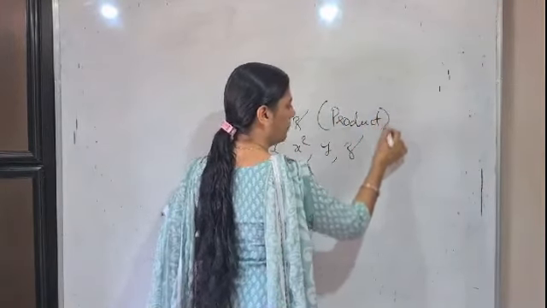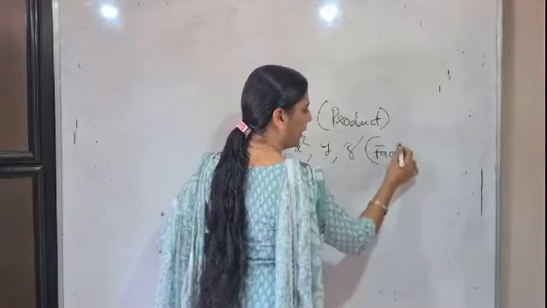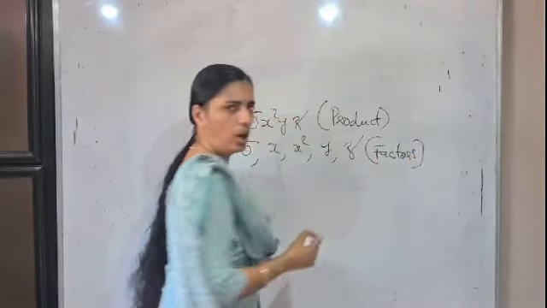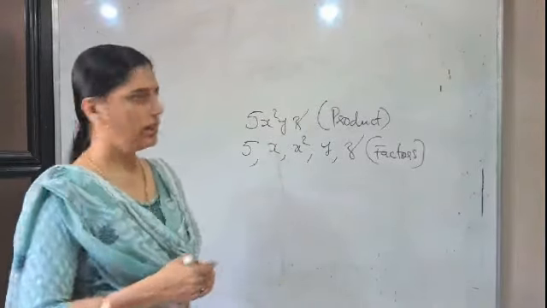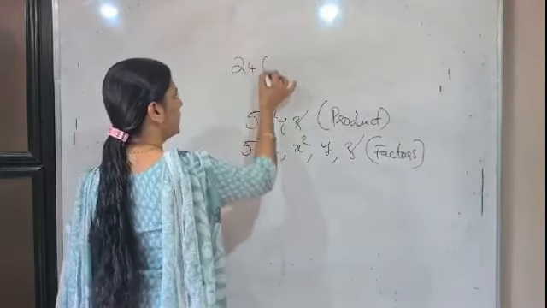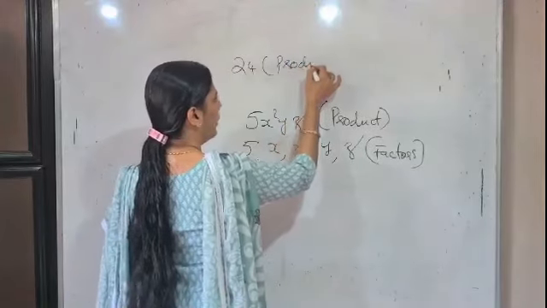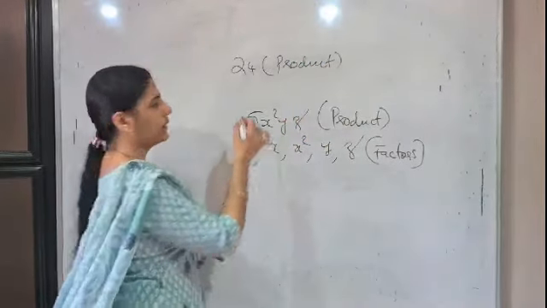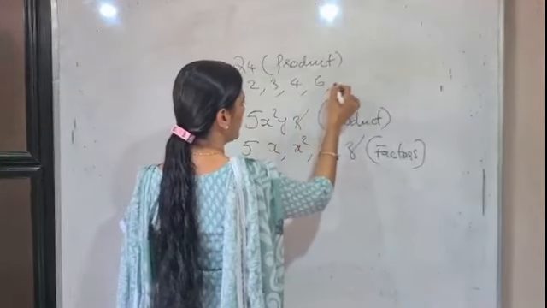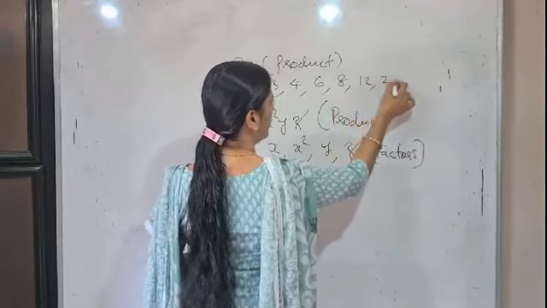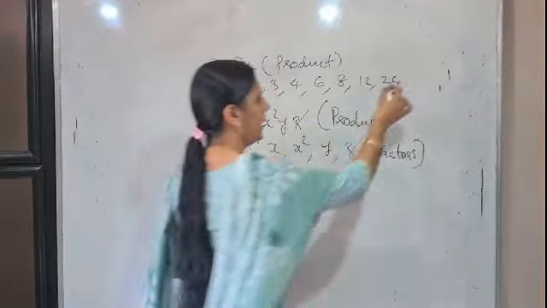You can note down that this is the product, and these are known as factors. Did you get the difference between factors and product? Listen, 24 is the product. What are its factors? 1, 2, 3, 4, 6, 8, 12, 24. These are the factors.